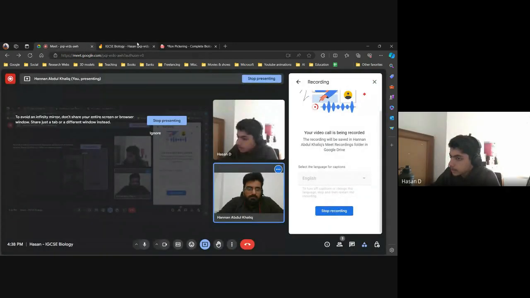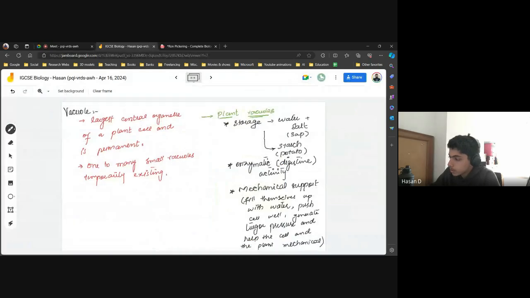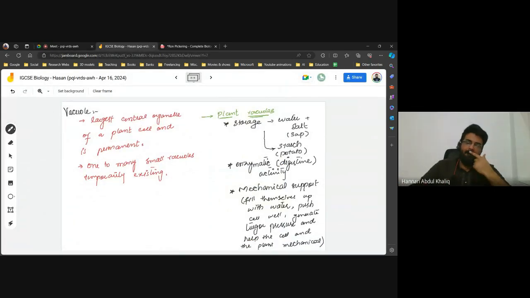By helping it store more water, and it prevents dehydration, yes. But I'm talking about mechanical support. Now try to understand. Let's suppose that these are different plant cells present against each other.